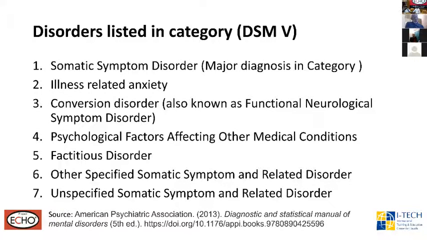And so, the diagnosis is not given on the grounds of there being a somatic symptom present or in the absence of a medical explanation. There must be a clinical look at the individual's response and reaction to the symptom that they are experiencing. I believe it is criteria B in somatic symptom disorder, which is the main disorder within the category.